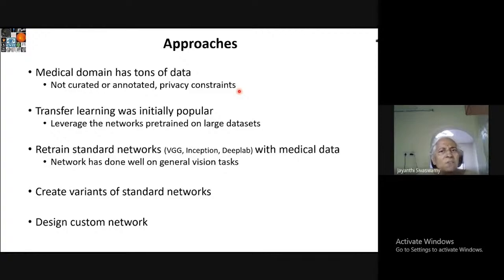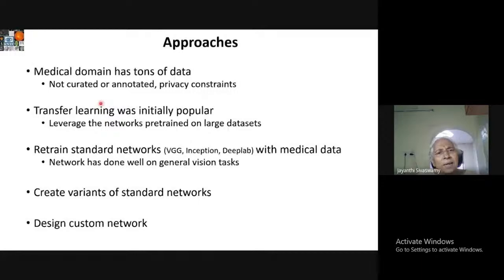So there are a lot of laws prohibiting usage of medical data without patient's consent. So it is difficult to get data. So if you have difficulty in getting the data, what do you do? Well, we can look at that problem later, but initially let me assume there is data. So what do we do? Transfer learning was initially popular.